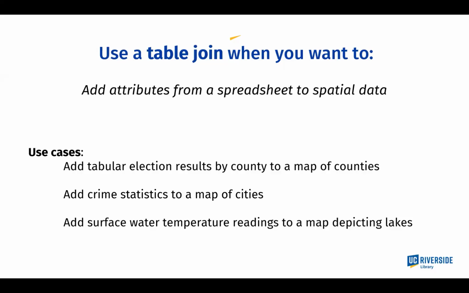Same thing with crime statistics for cities. Maybe you're in a research group surveying different lakes in the region and gathering temperature data, and you just want to depict that on a map. So there are all kinds of use cases where you would want to get something that's in a table up onto a map and be able to analyze it and view it that way.